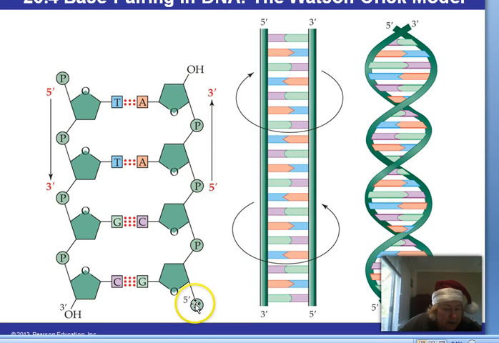Where's the head here? It's upside down. Here's the 5' head. So the phosphate groups are on the outside, making up this part of the ladder when you look at it. And your A and your T connect in here, in the center. The C and G have 3 bonds. The A and T have 2 bonds.